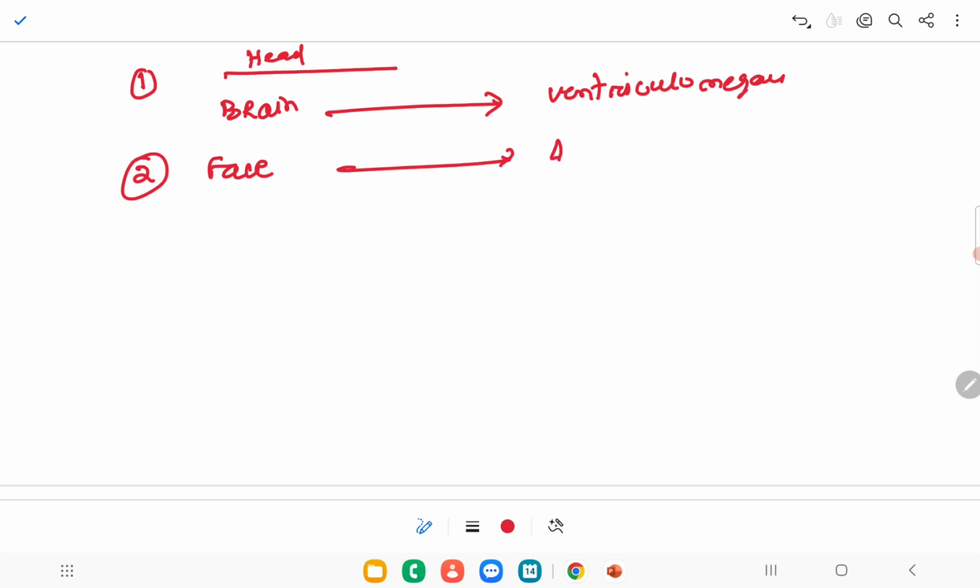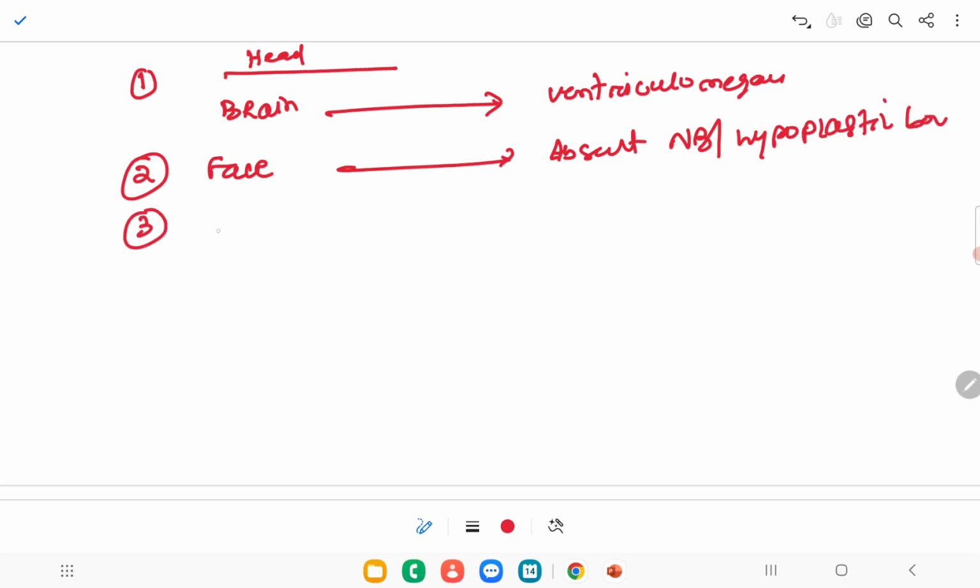Head: if you start with the brain, you will get ventriculomegaly. Then you go to the face, where there will be absent or hypoplastic nasal bone.